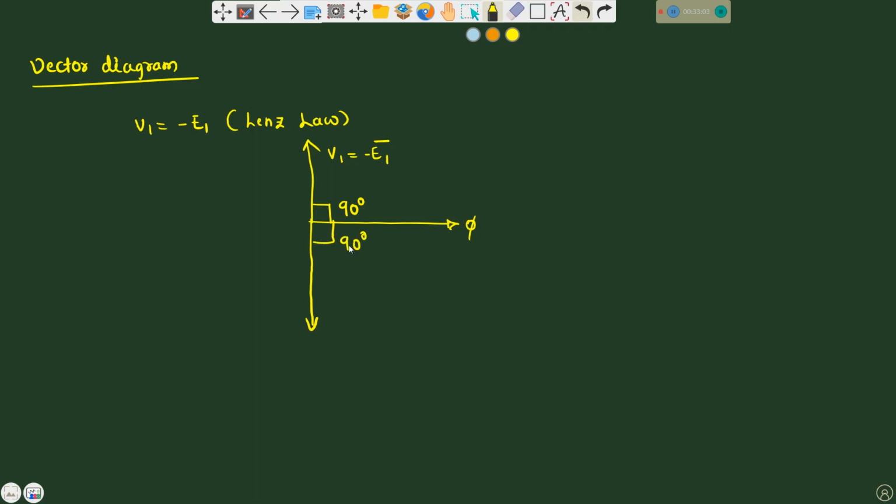Here 90 degree, so E1 and E2 are in the same direction. So in order to satisfy Lenz's law, the applied voltage here and the EMF induced are opposite to each other, according to Lenz's law. Here it is I mu, magnetizing current.